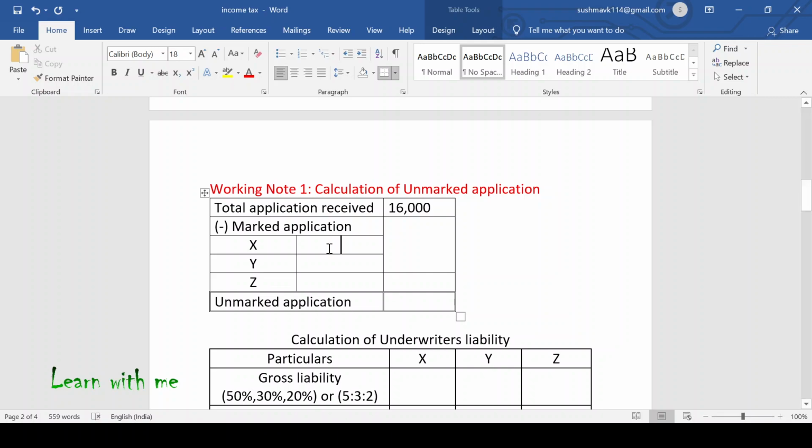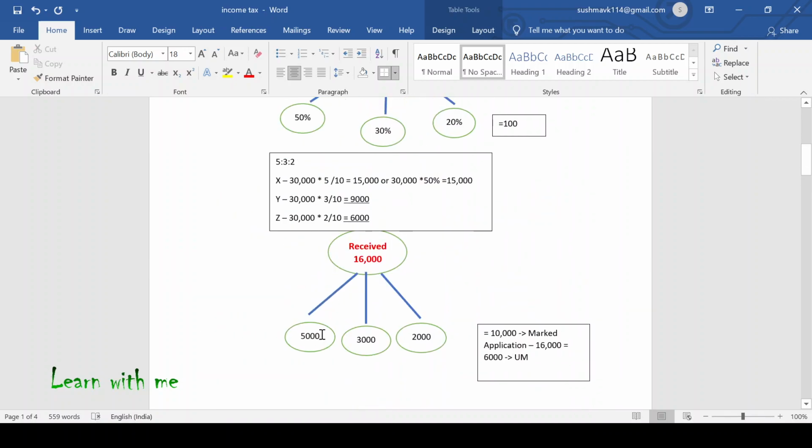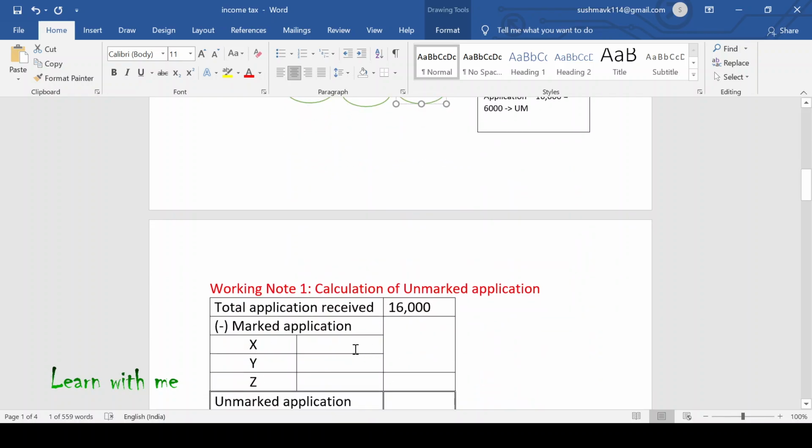Now in this, X has tried to convince for 5,000 shares, Y 3,000 shares and Z 2,000 shares, which I'll be writing here respectively. So what is the total?